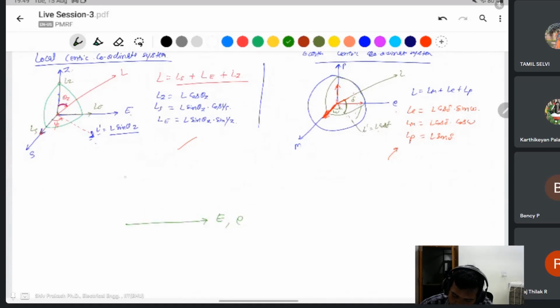Both point at the same place, and at 90 degrees from the east is the polar axis P. This kind of local system has zenith angle z, and this will be the south, at 90 degrees.